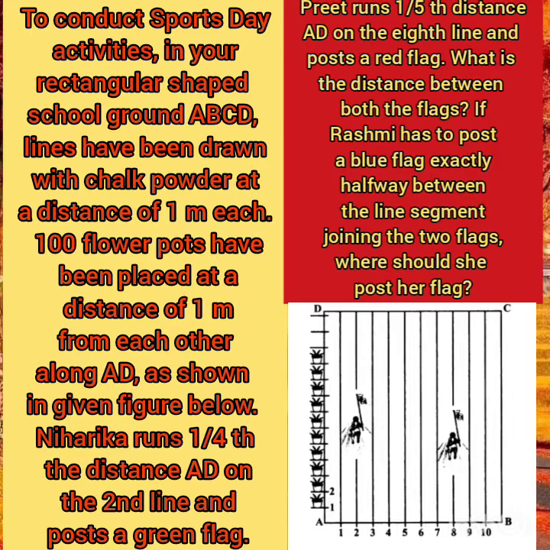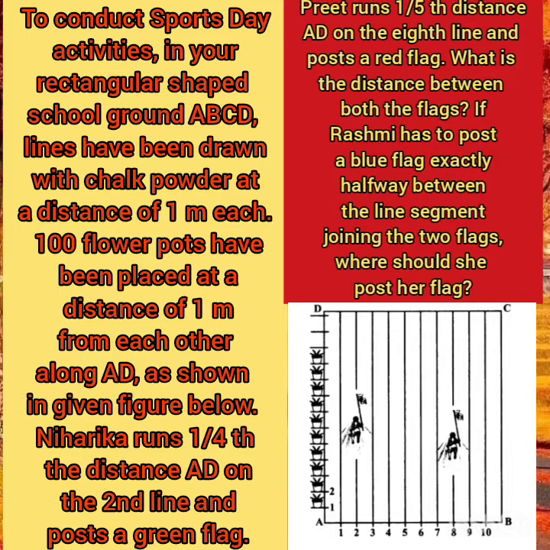You can see, dear student, here we are given point A, this is B, this is C, and this is D. Here 1 unit as 1, 2, 3, 4, we are given the numbering. And the flower pots have been kept along the side of the road.